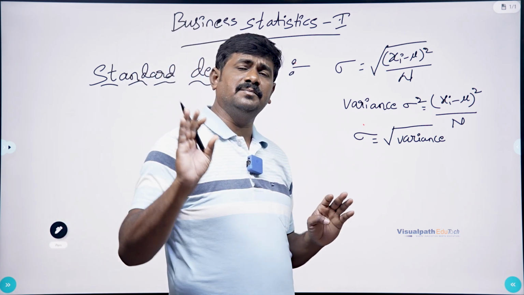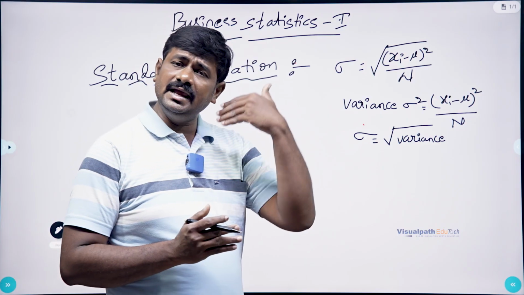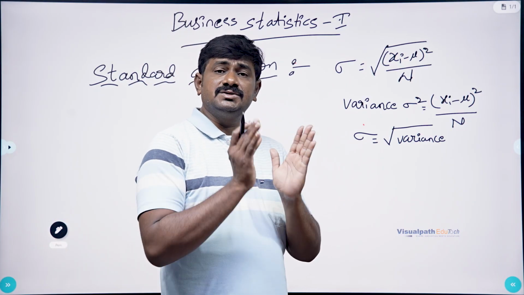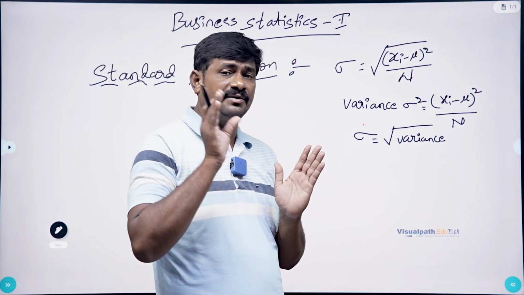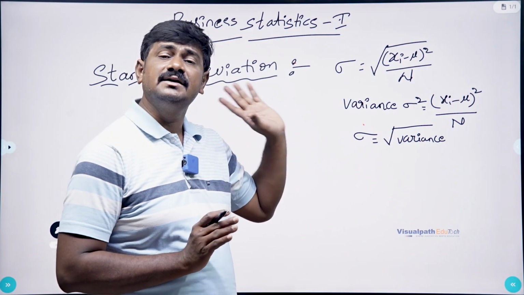The observations may be in any interval. So we take the mean of the total observations and find the deviation from that mean to the individual observations.